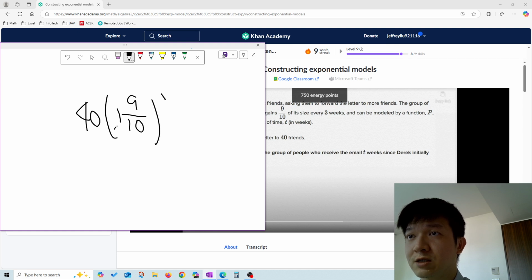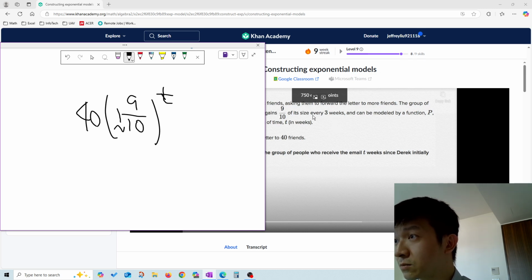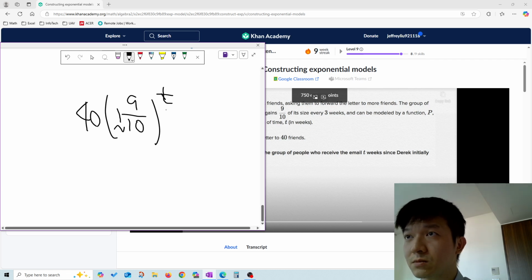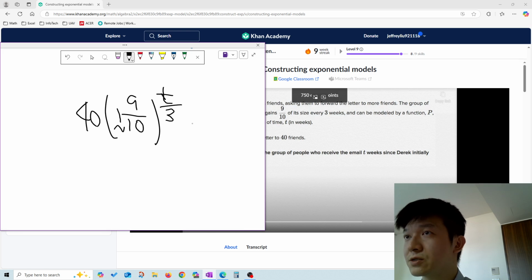And don't forget you have the original one, right? So every 3 weeks, so t representing the weeks, right? It's right here. T representing the weeks. But we got to divide by 3 because for the exponent, that is every 3 weeks.